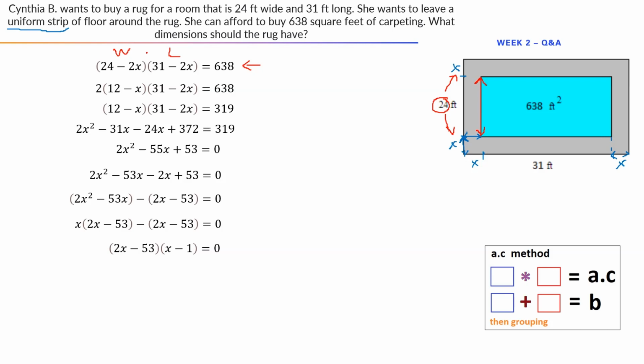For the length, we have 31, we subtract X on that side, subtract X on another side, right? This is the width, this is the length. And because this is a rectangle, it will be width times length equals area, right?